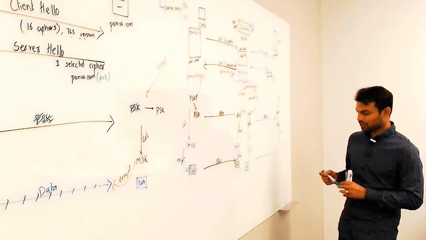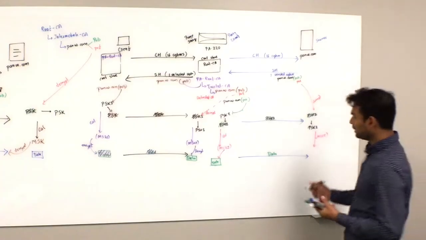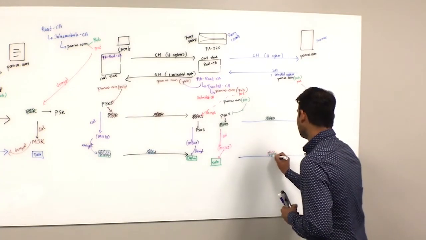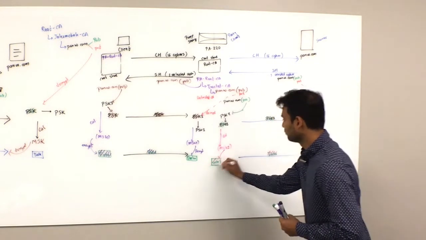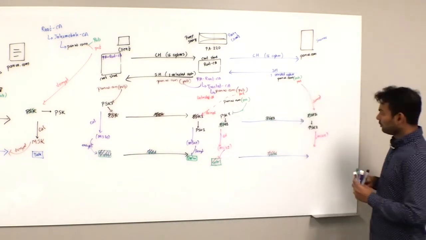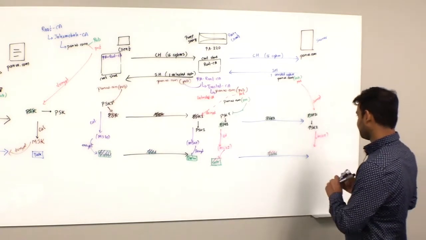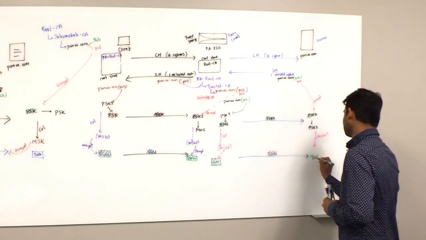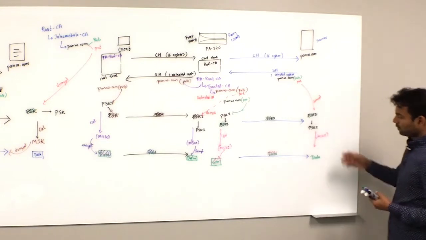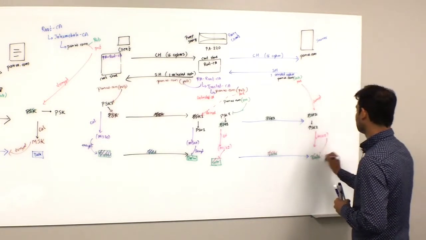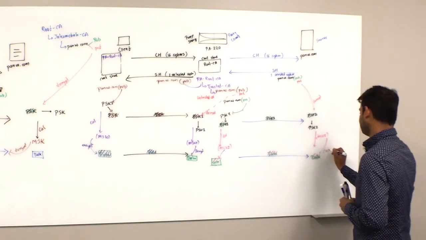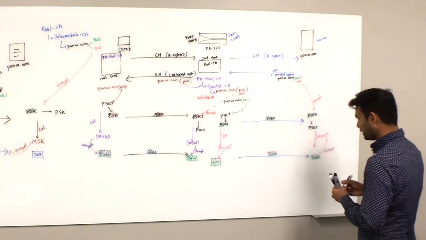So again, there is a communication for that. So we have data, and this data is now encrypted by the MSK2. When we receive the data here, the actual server will use the MSK to decrypt it and get the final data.